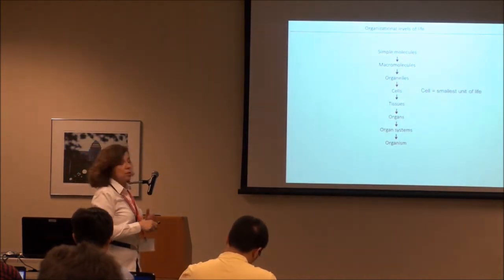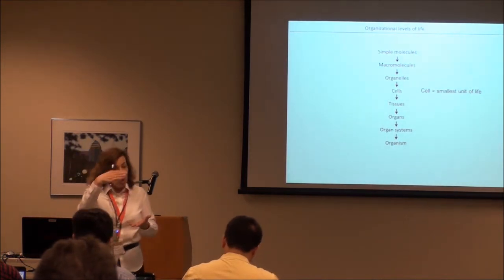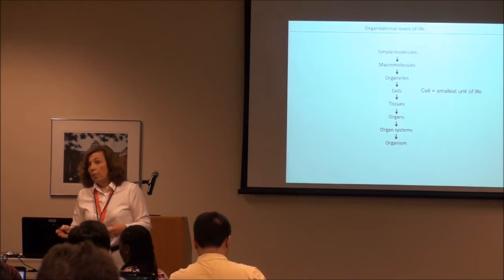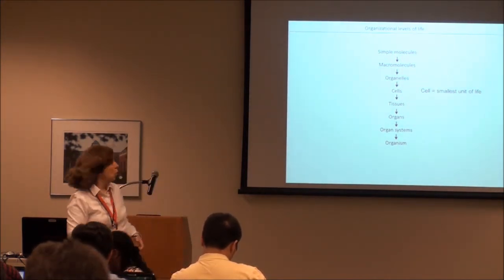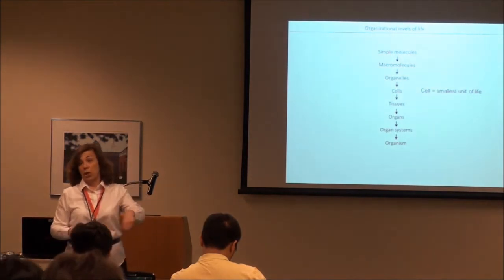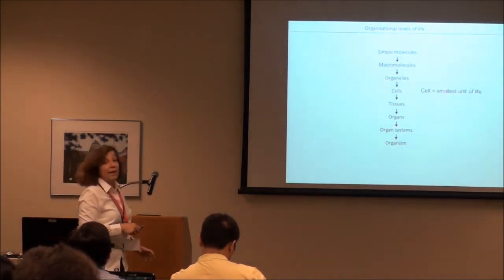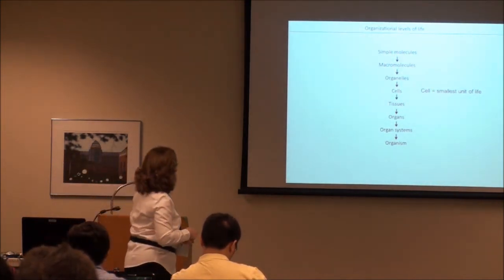But what's interesting is no matter how complex the structures below the level of cells are, they're not considered live because they don't have all these 7 properties of living organisms. So if you take a mitochondria or a nucleus out of the cell, it's not considered a living organism. Cell is, because it contains all these 7 properties of life.